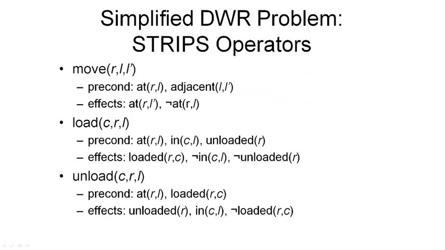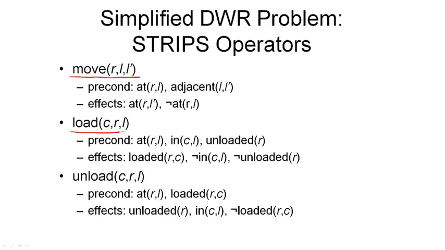And here are the operators in the strips notation as we can use them for state transitions in this simplified domain. The first operator we have defined here is the move operator, which moves robot R from location L to location L prime. And since there can be multiple robots at the same location, the preconditions and the effects of the move action are actually a lot simpler than what we've seen previously.